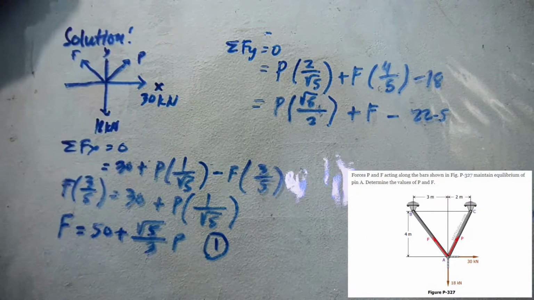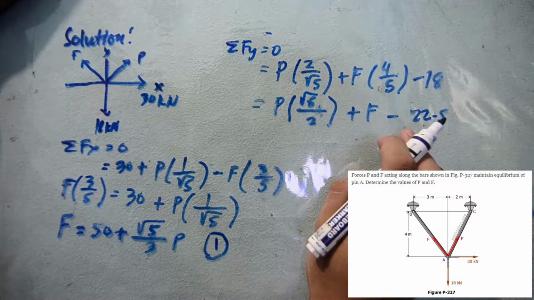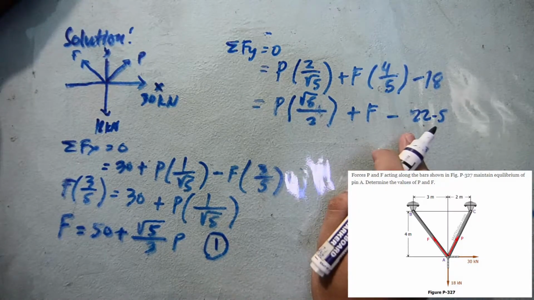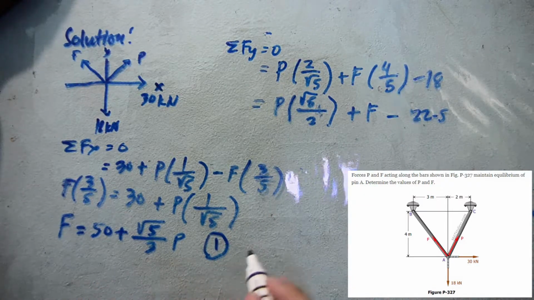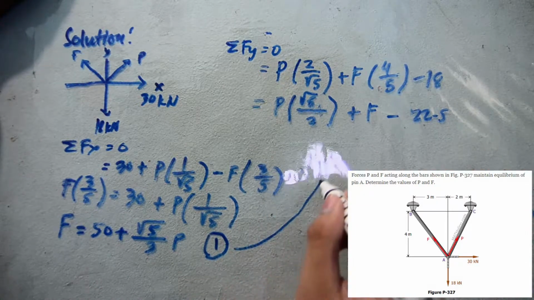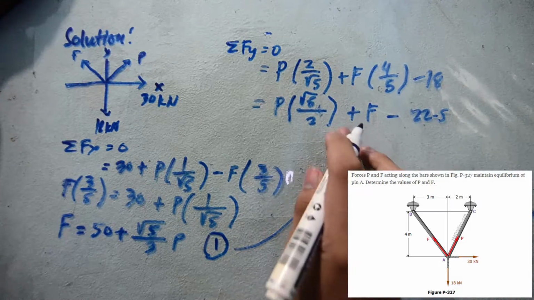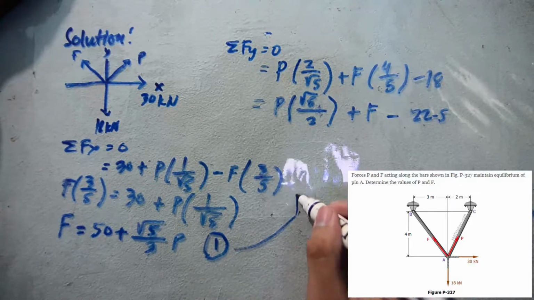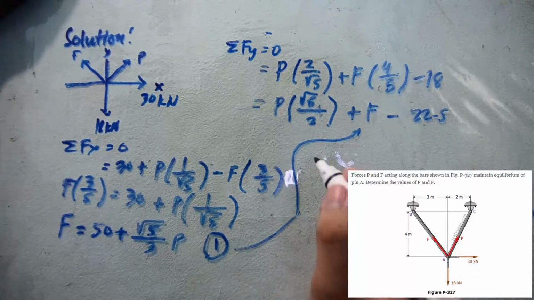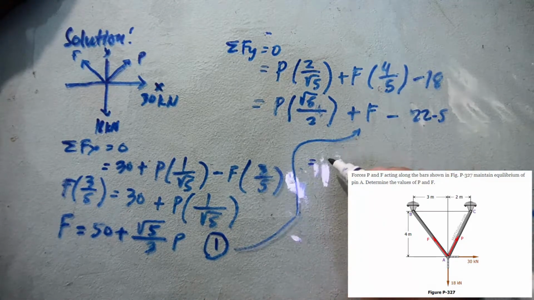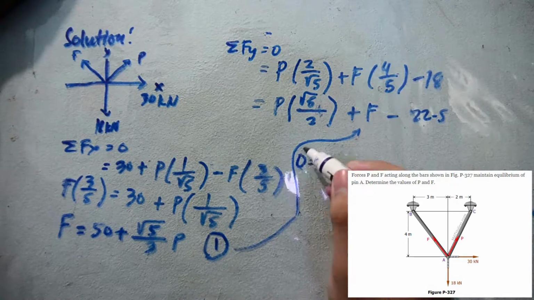So let's transpose it to the outside, or no, we're going to use equation 1, going to substitute equation 1 to the f. So we're going to have 0.